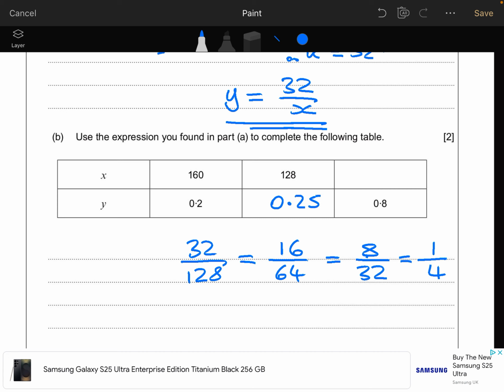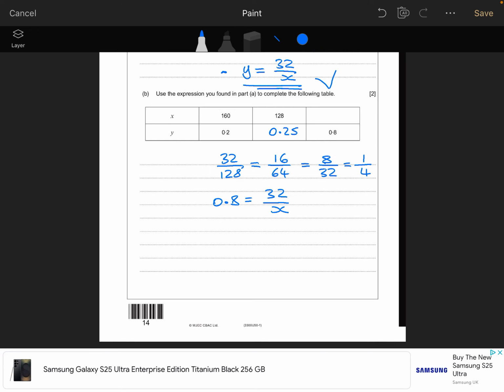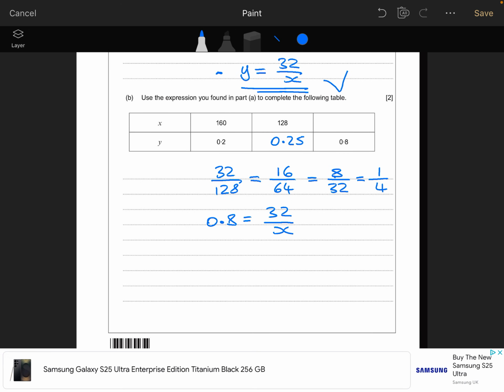Okay. The next bit gives us the y value, but doesn't give the x value, and we have to work it out. So we go back to this formula again, and we put in the y value as 0.8, and we say that's equal to 32 over x. And I need to find out what x is now. So I probably need to do a little bit of rearranging here. I'm going to multiply by x first of all. 0.8x is equal to 32.